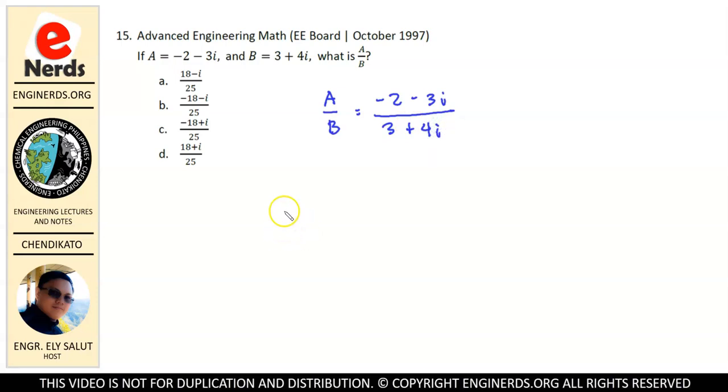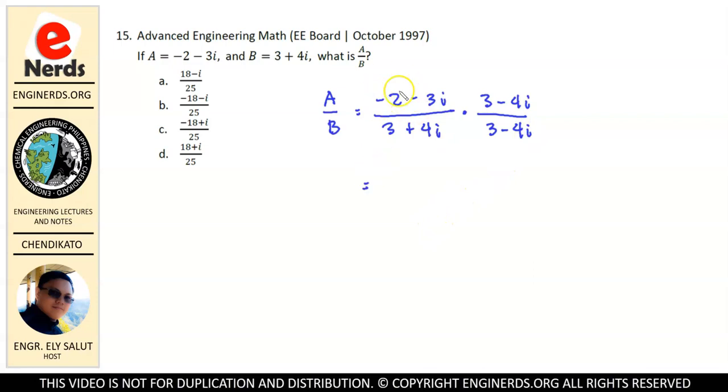Okay, but to rationalize this, we need to multiply it by 3 minus 4i, no? So, let me multiply this by 3 minus 4i over 3 minus 4i.